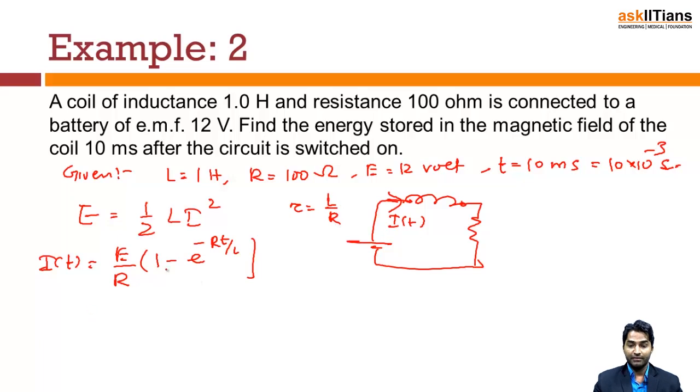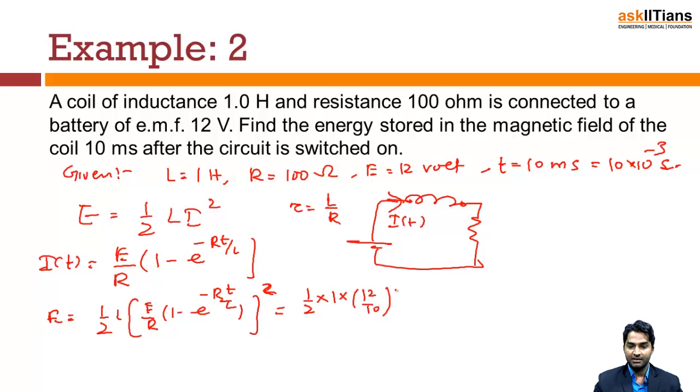On substituting the value of i in the main relation, we get energy U is equal to 1 by 2 L into E by resistance R, 1 minus e to the power minus R t by L, whole square. Now we will substitute the values: 1 by 2 into 1 into 12 by 100, 1 minus e to the power minus R is 100 ohm, t is given as 10 into 10 to the power minus 3, L is given as 1 Henry, and square of this value.